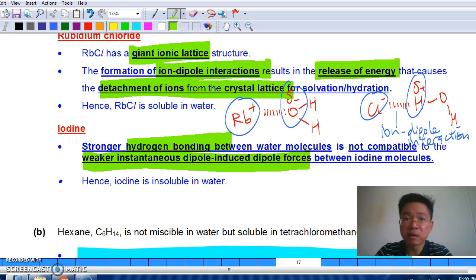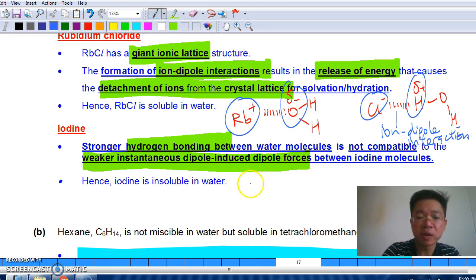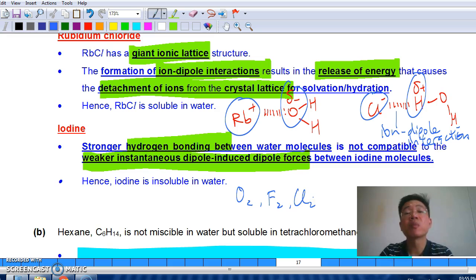And there are many other molecular non-polar compounds that are not able to dissolve in water. For example, we can think of O2, F2, Cl2. These are non-polar substances, hence they are not able to dissolve in water.